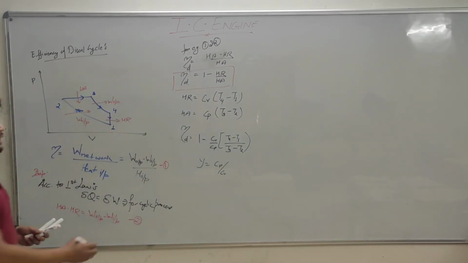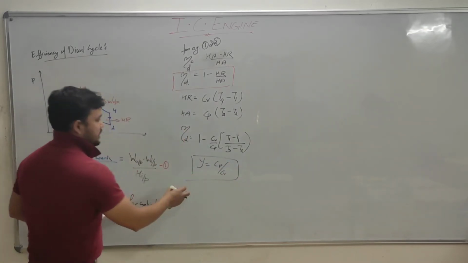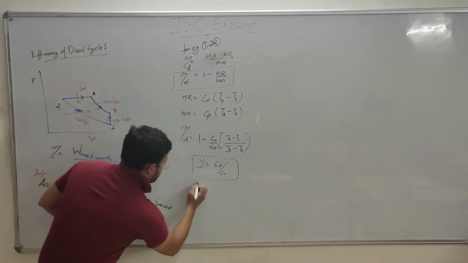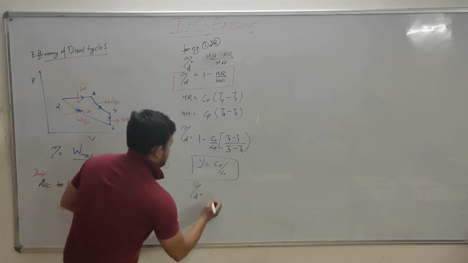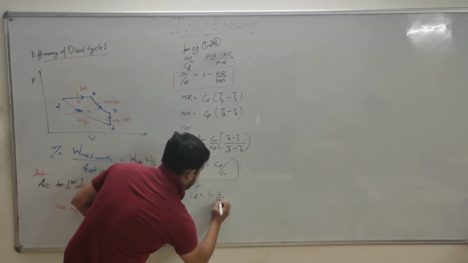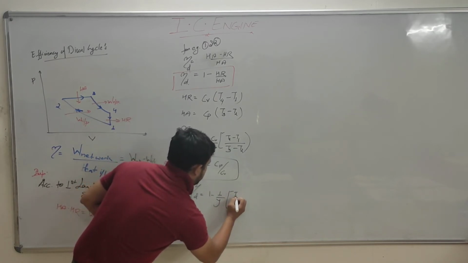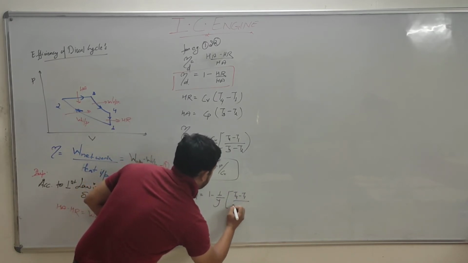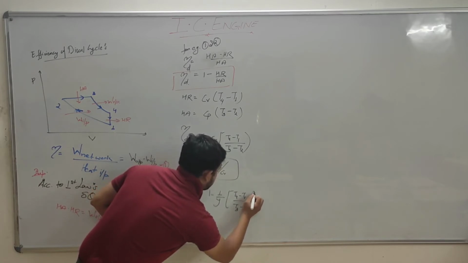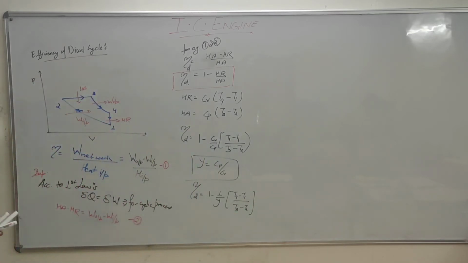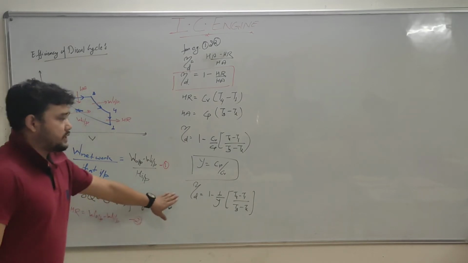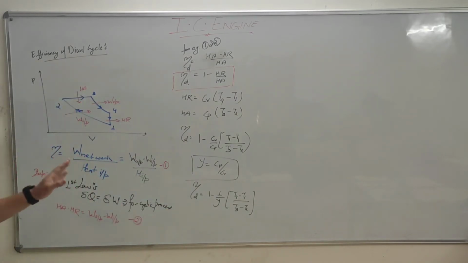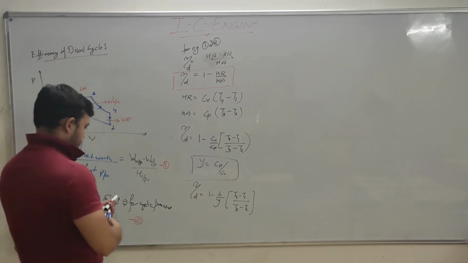So we put this value into the equation. The efficiency of the diesel cycle is one minus one upon gamma times T4 minus T1 upon T3 minus T2.